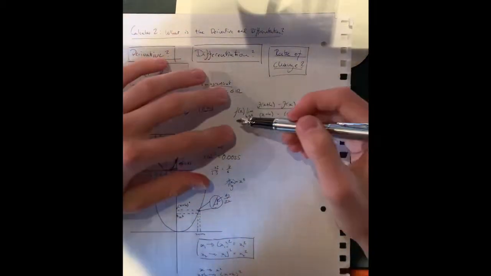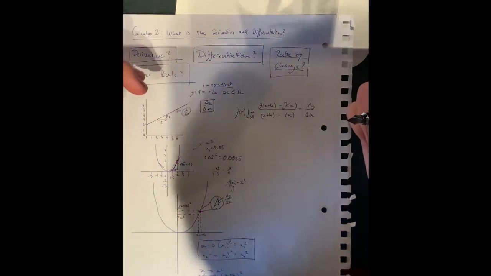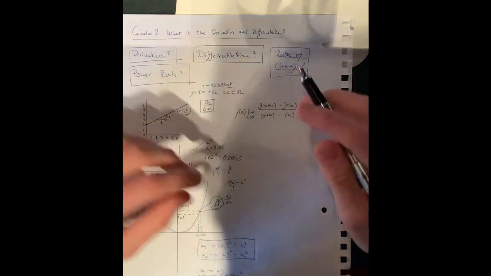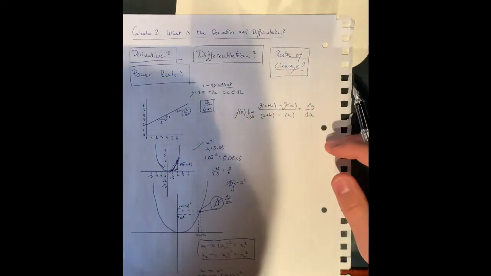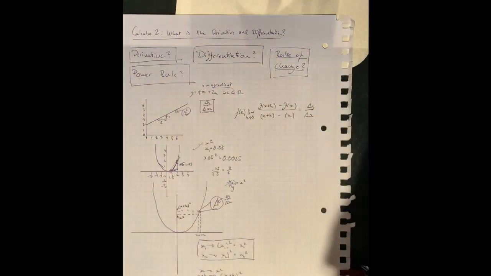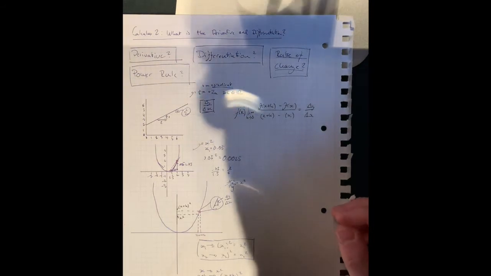Now, this formula here that I've written out is formally known as the first principles formula or equation. And it's kind of the root of differentiation, at least the way I know it, using this idea of rate of change and change in y over change in x.